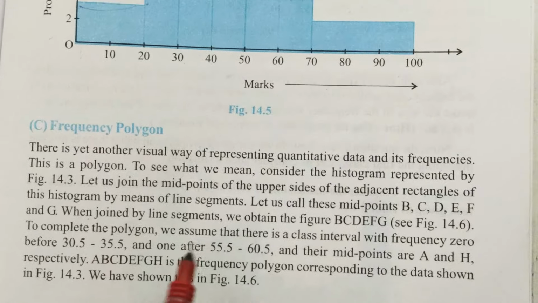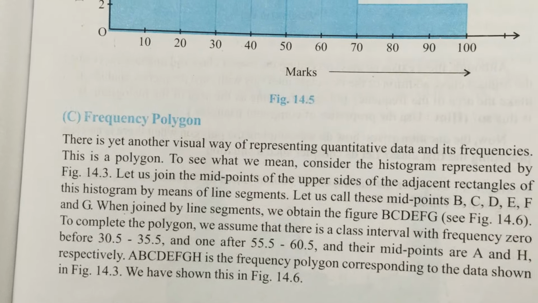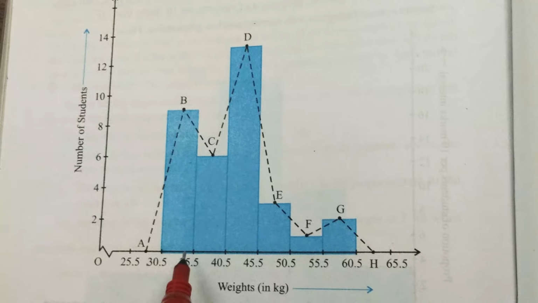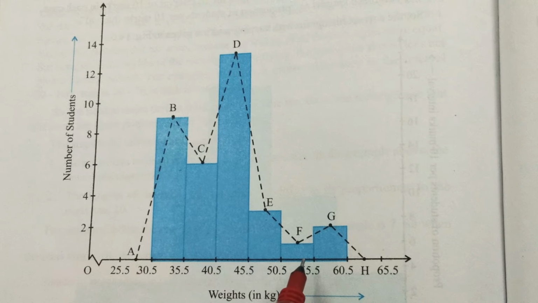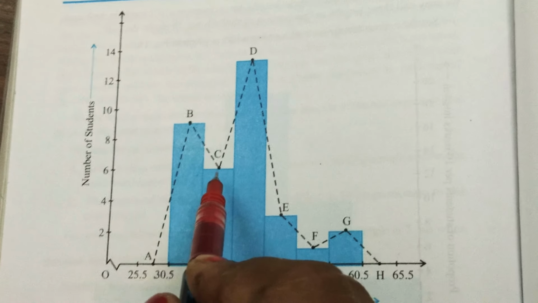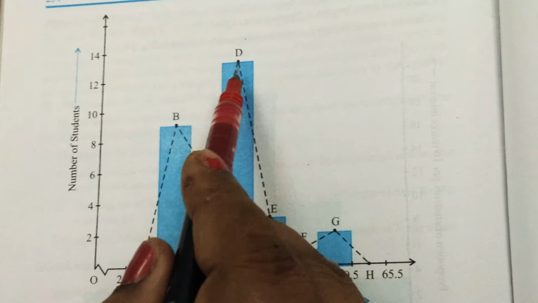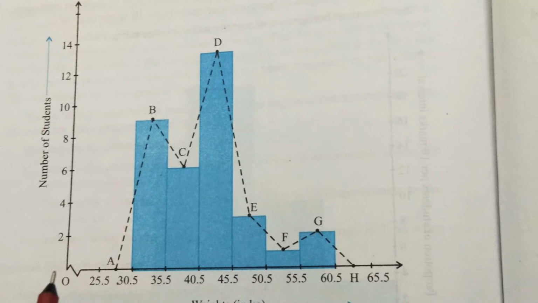Just see that histogram once again, that is figure 14.3. We take that histogram once again, and let us join the midpoints of the upper sides of the adjacent rectangles of this histogram by means of line segments.